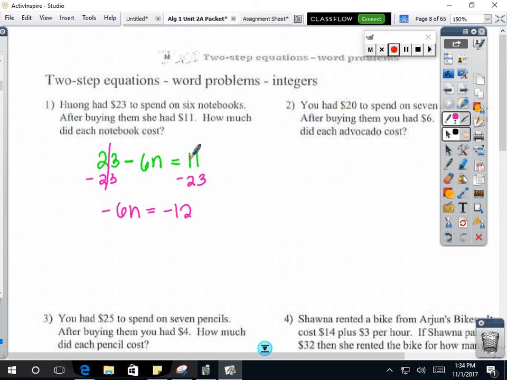Then what do we do? Divide by -6 on both sides. And so n equals what? +2, because a negative divided by a negative is a positive. Now, that's $2 per notebook.